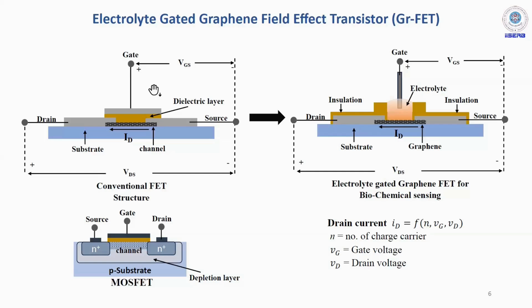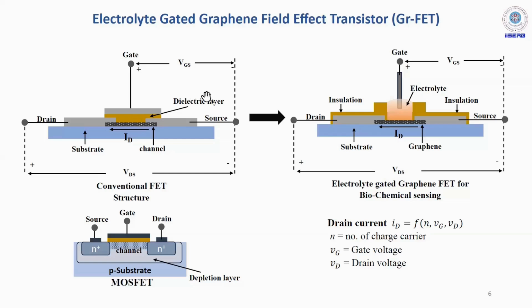If you look at the graphene field effect transistor, which looks similar geometry-wise, you have source, drain, and gate electrode. But in place of the channel, you have graphene. This graphene channel is separated from the gate electrode using a dielectric, which is the same as for a conventional FET structure. But there is a catch when you make it an electrolyte gated field effect transistor.